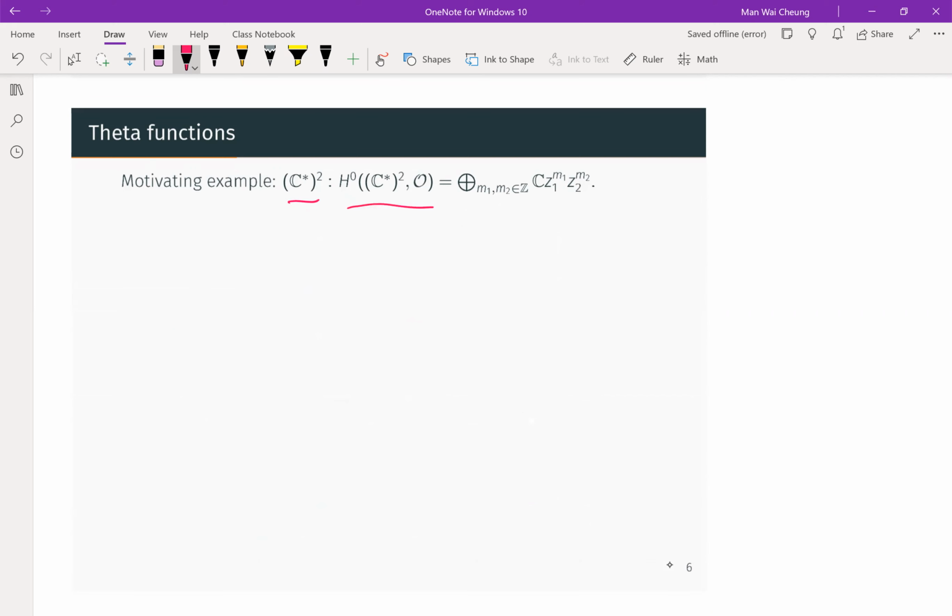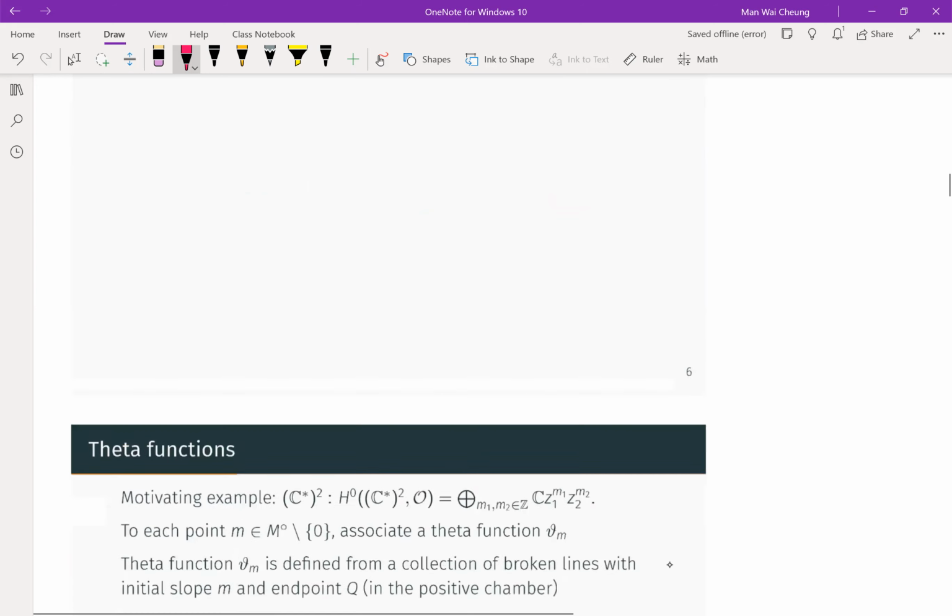The functions are just Laurent polynomials, that is, linear combinations of monomials, and each monomial is indexed by two integers. So you can see here we have a lattice to talk about the monomials, and on the torus we can talk about the functions on it. So this is what we have in mind.